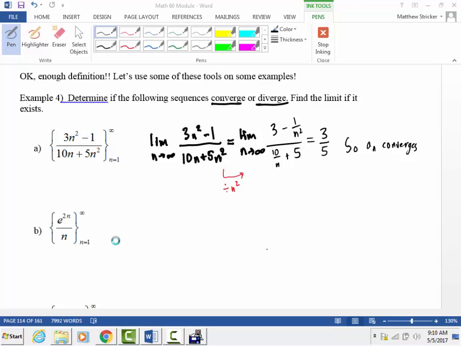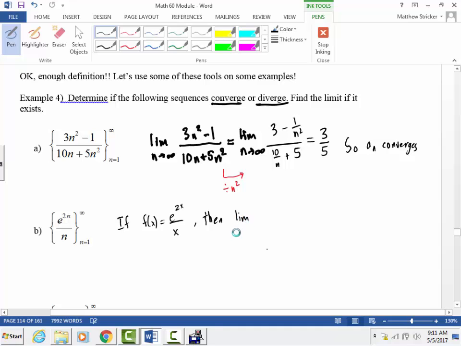L'Hopital's, yeah, because if you plug in infinity now, but I can only apply L'Hopital's to a function. So what we have to do is say that if f of x, some function of x, is equal to e to the 2x over x, then we take the limit as not n approaches infinity, but x approaches infinity, of e to the 2x over x.